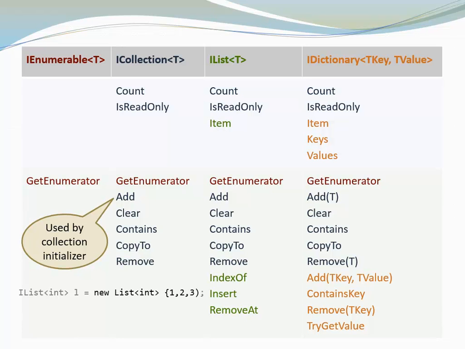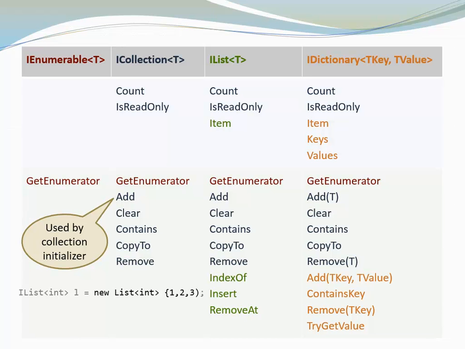The collection initializer looks very similar to the array initializer, except that we also have to specify which collection we are going to initialize. Some collections don't implement ICollection. If they implement IEnumerable and they have an extension method Add, then they can still use the collection initializer. However, some collections just don't have an Add method, and in that case, the collection initializer cannot be used.